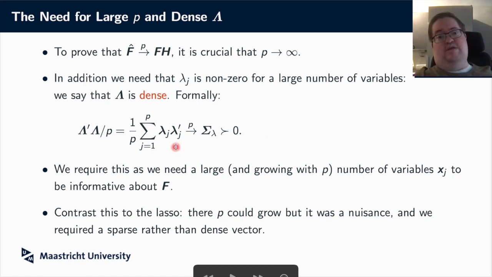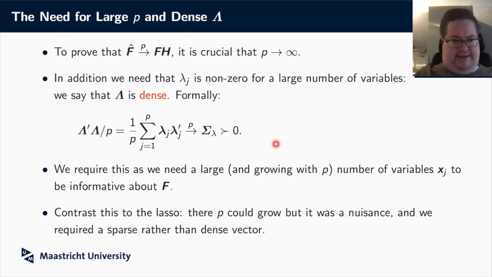The reason why we need that is that we need many of our x's to be informative about F. If many loadings are 0, then that variable x is not informative about your factor model. In which case it doesn't really help that you add these variables, because you cannot estimate your factor model better anyway.